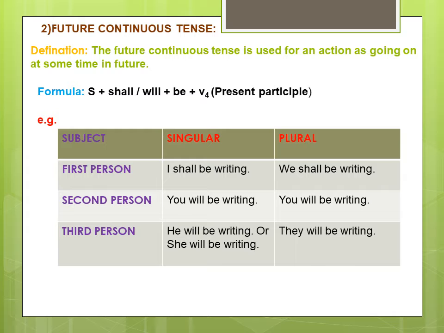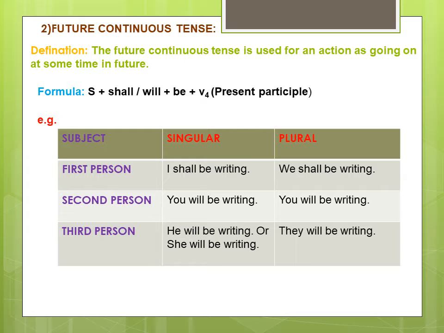Plural column, first sentence is we shall be writing. So here we, first person, shall be, as per our formula, shall be is very important, writing, present participle form of the verb. Next, second person, see in the singular column, second sentence, you will be writing.